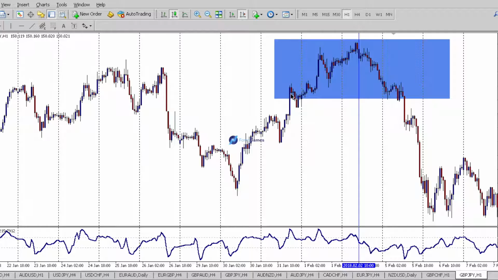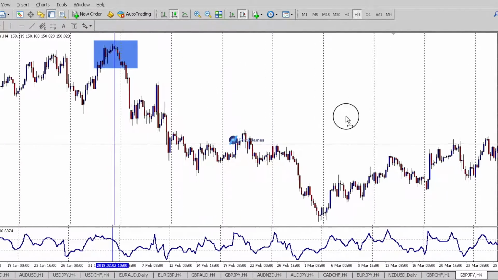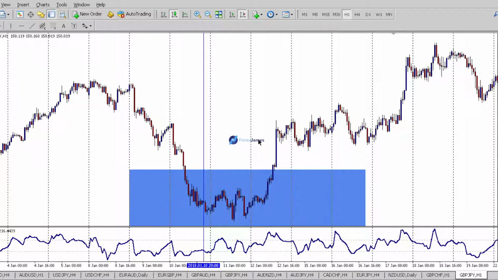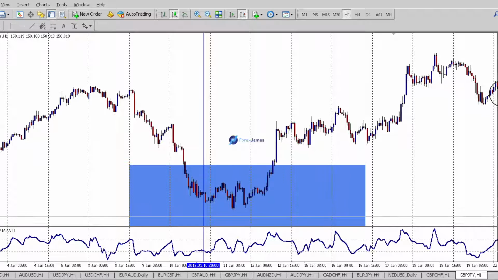Now, let's take a look at another example where there's a deeper pullback. Right here. Again, after this strong move to the downside, the market comes into a range, and this is where we decide, should we go long or go short? You mark this. So what do we have here?